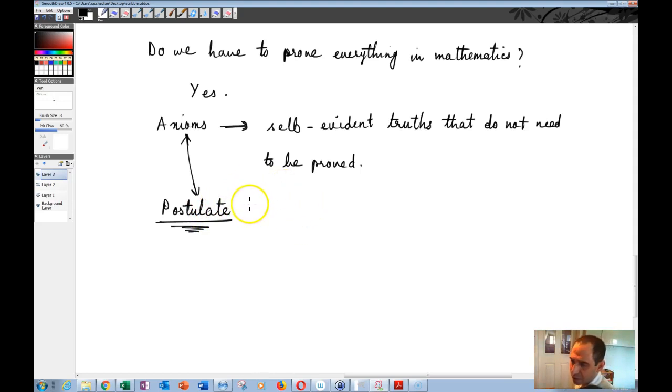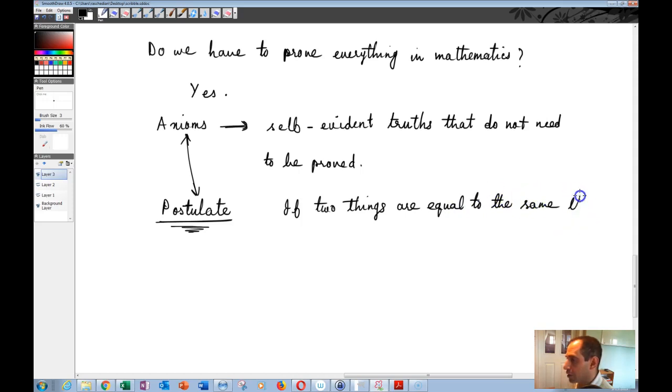For example, one of Euclid's axioms is, of course the language is a little bit lame, or at least the statement that I saw had very lame language, but it's something along the lines of: if two things are equal to the same thing, the two things are equal to one another.